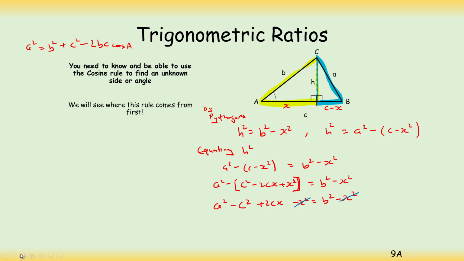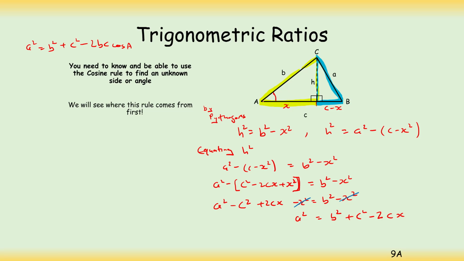So that leaves me with, let's change the color back, a squared is equal to b squared plus c squared minus 2cx. So now I need to get rid of that x. So I'm going to look at my yellow triangle here, highlighted in yellow. If I look at this angle here, A, and I want to get rid of x.